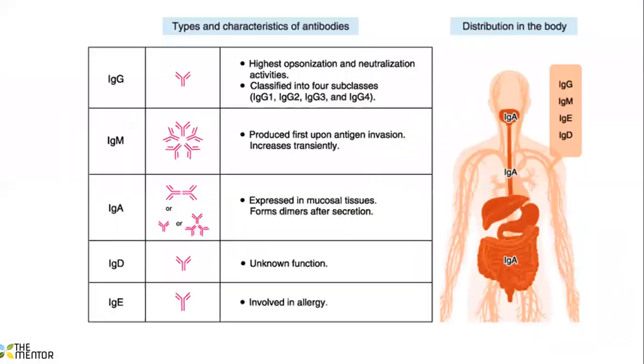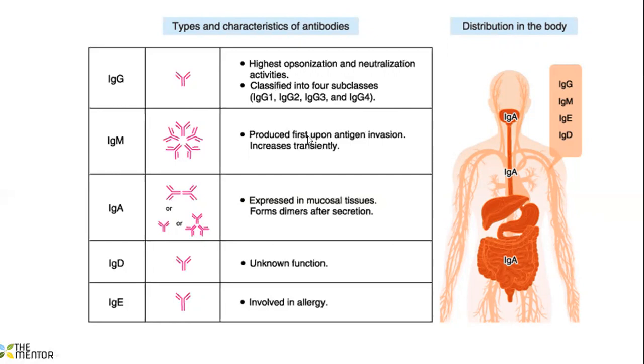Good. So basically, the different types that we've looked at: IgG is a monomer. It's the highest level, the most abundant. It's important for opsonization and neutralization. It has four different classes. IgM is a pentamer in serum, but on the cell surface of a B cell, it is a monomer.